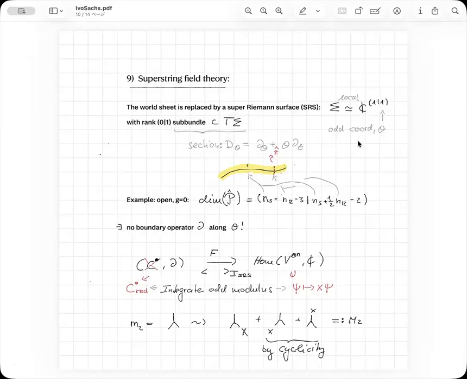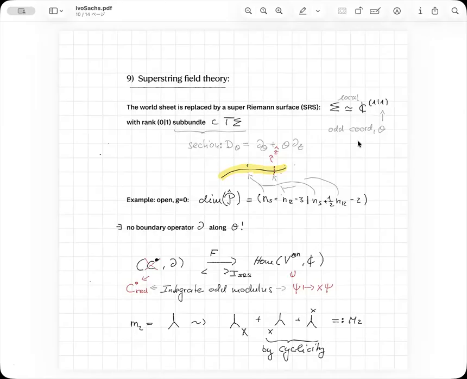Superstring theory is based on super Riemann surfaces. So if I have a coordinate here, locally I can map this into some local neighborhood of the complex plane with some coordinate z, and being a Riemann surface, we know that the transition functions between these two coordinate patches will be holomorphic.